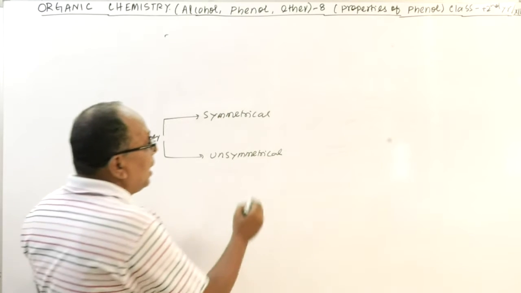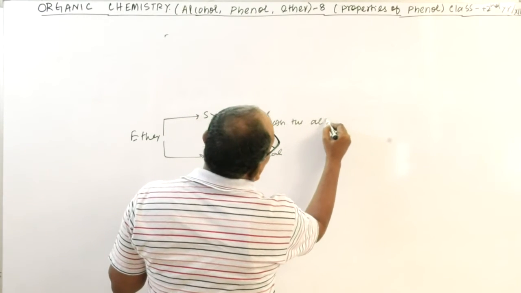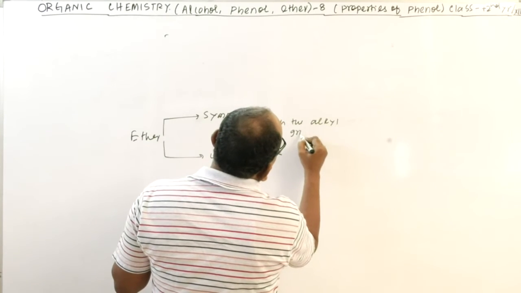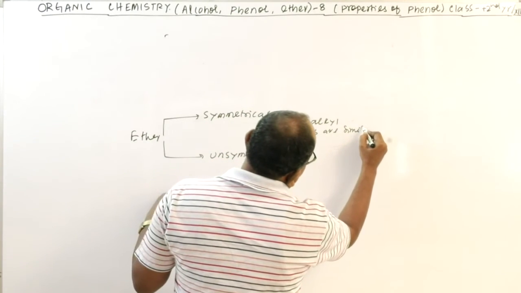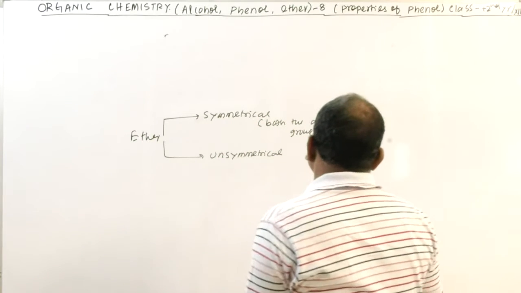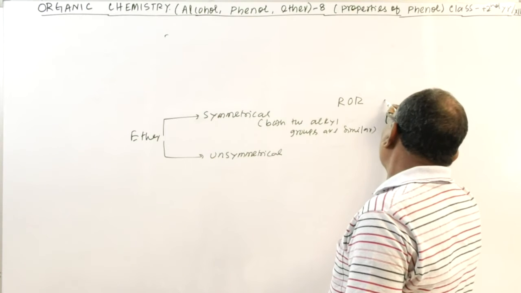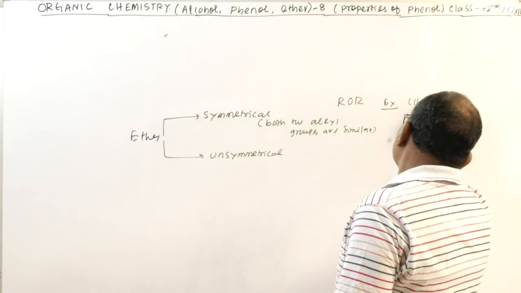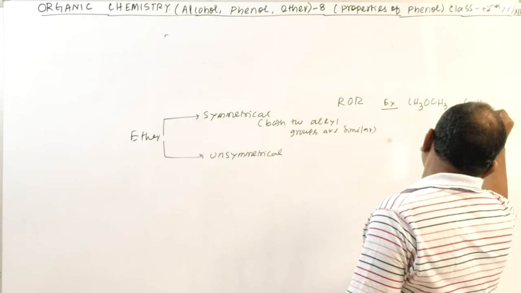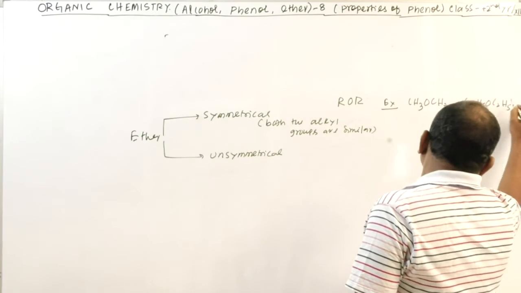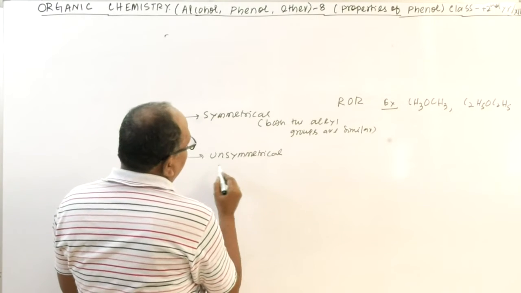In symmetrical ether, both the alkyl groups are similar. That is ROR, for example CH3OCH3, C2H5OC2H5.